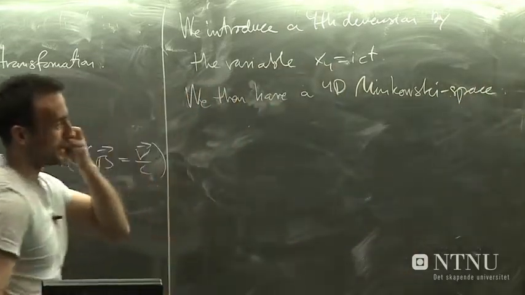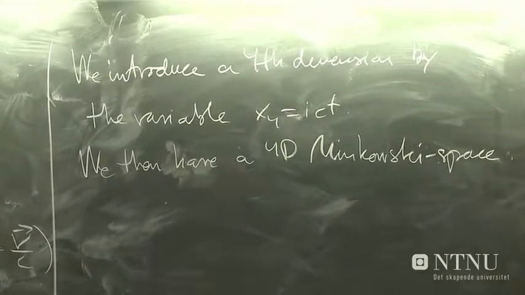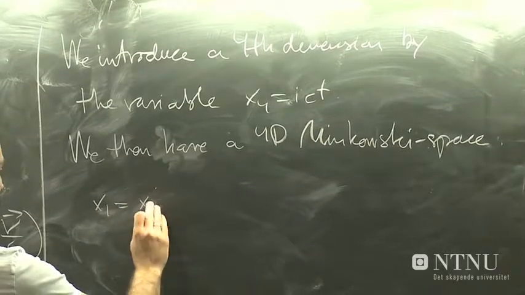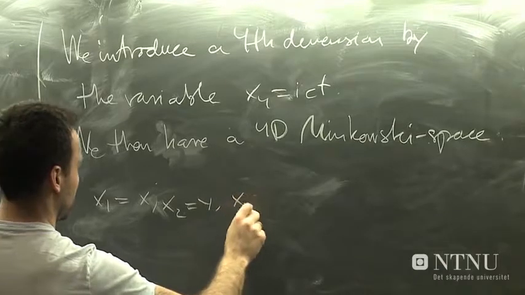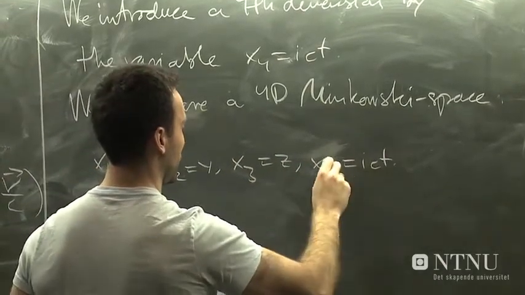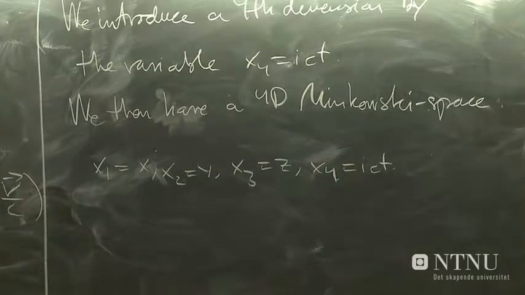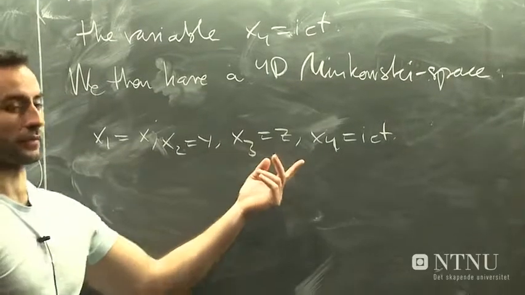So what we have at hand here is a four-dimensional so-called Minkowski space. And although we cannot visualize it, since we can only visualize 3D, these are the axes of the system.